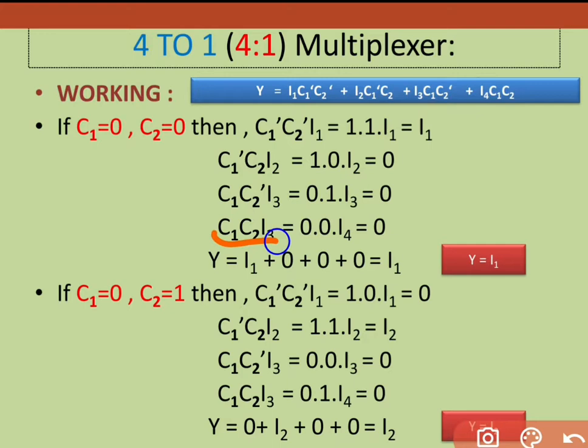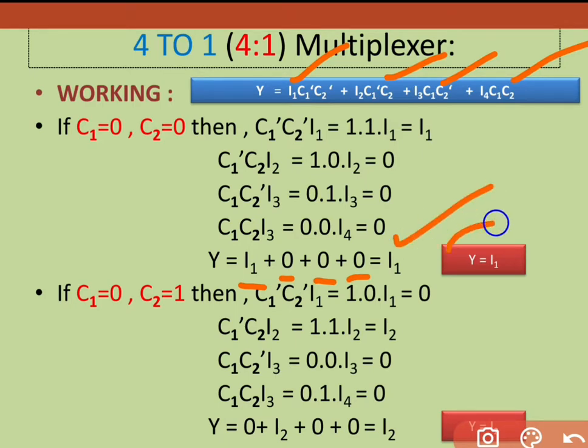In this fourth one, C1 is 0, C2 is 0, anything multiplied with 0, the answer will be 0. Then we put all the values in the equation. See what we get: I1 plus 0 plus 0 plus 0. Anything added with 0 is that value only.